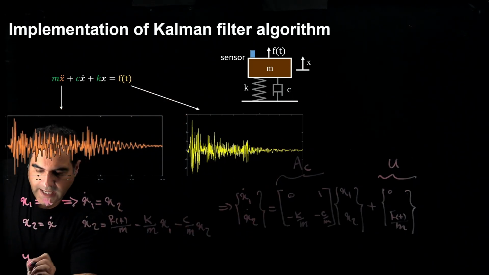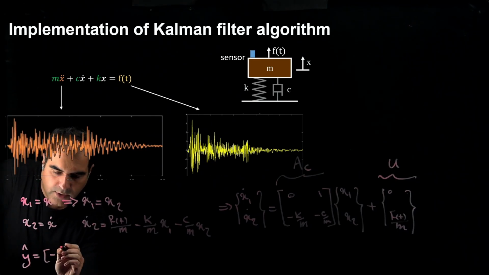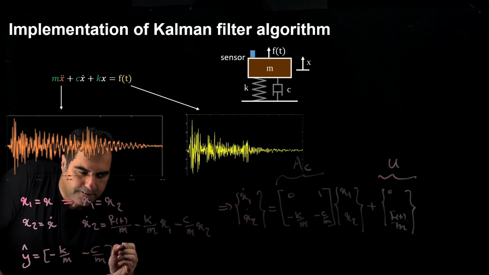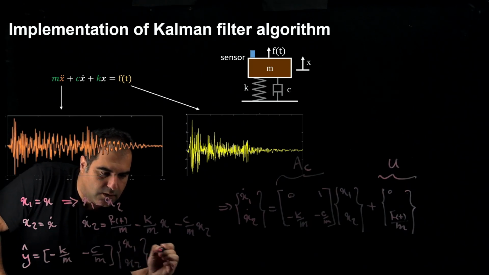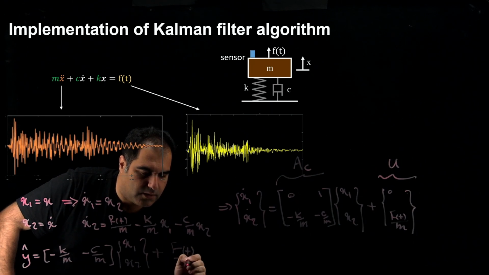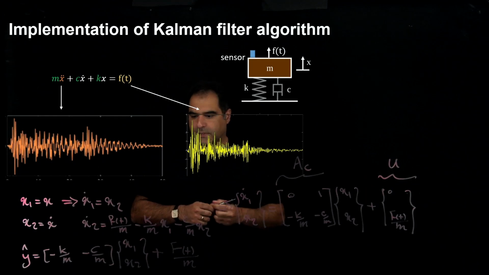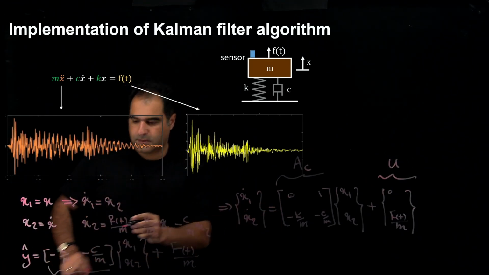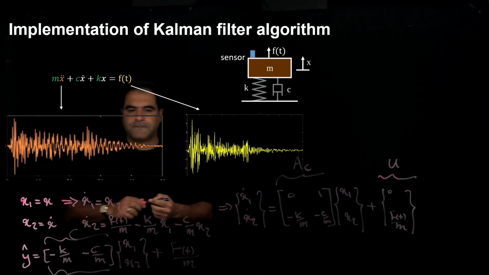Then I say my y hat, if you see it here, is equal to minus k over m, minus c over m times x1, x2 plus ft divided by m. Then this is my C matrix.